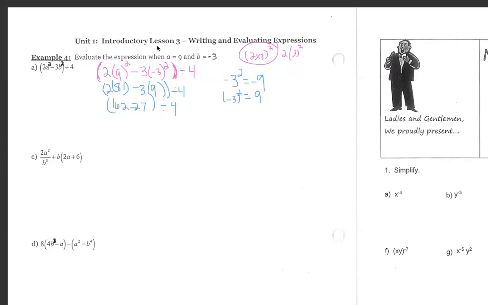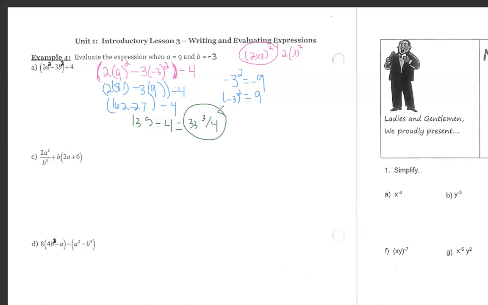Remember, we're trying to get our parentheses down to one number. So 162 minus 27 is going to give me 135. 135 divided by 4 is going to give me a decimal. It will give me 33 3/4, or 33.75 is also okay.